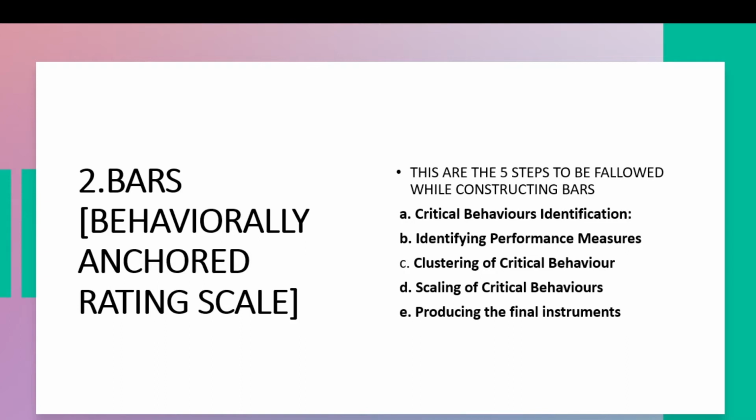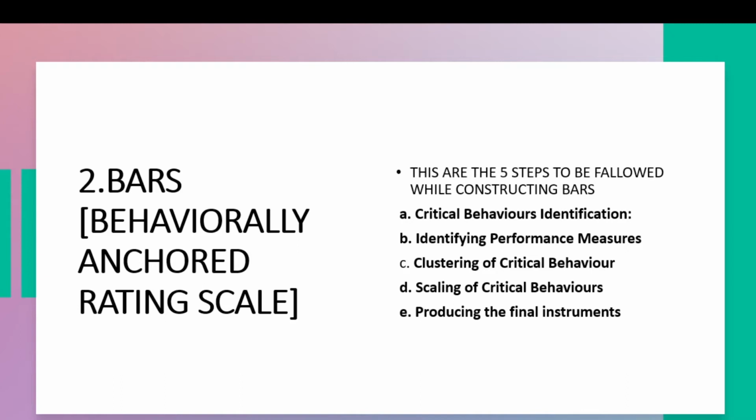Clustering of critical behaviors. This step involves clustering those critical behaviors that best describe the job. Different critical behaviors are classified into clusters, with each cluster having similar critical incidents. Those behaviors which are approved by the majority of personnel are kept for further development and others are discarded.